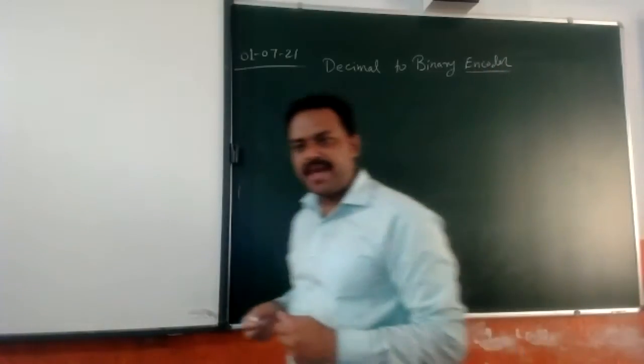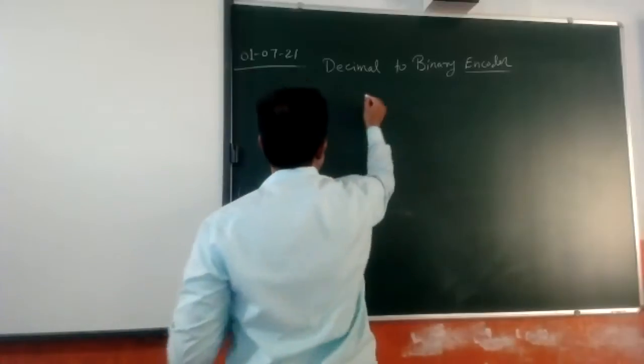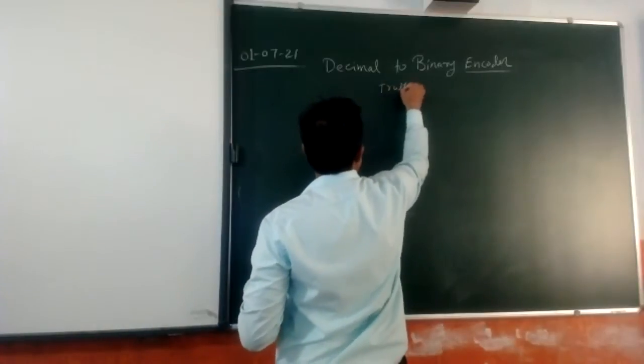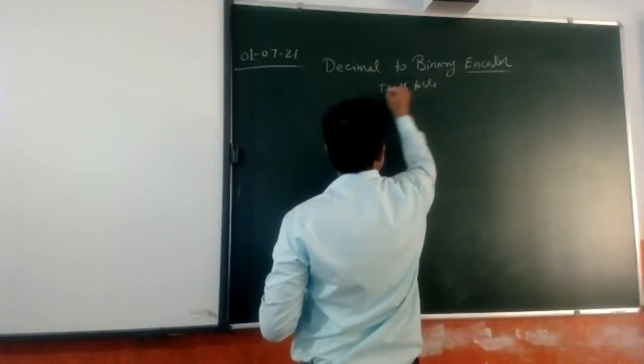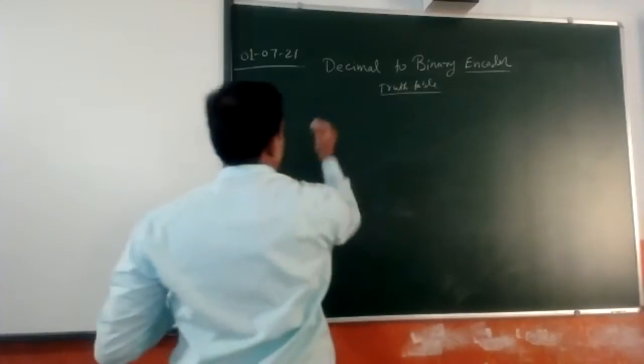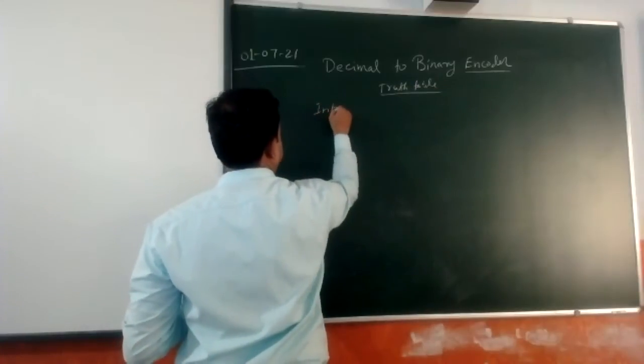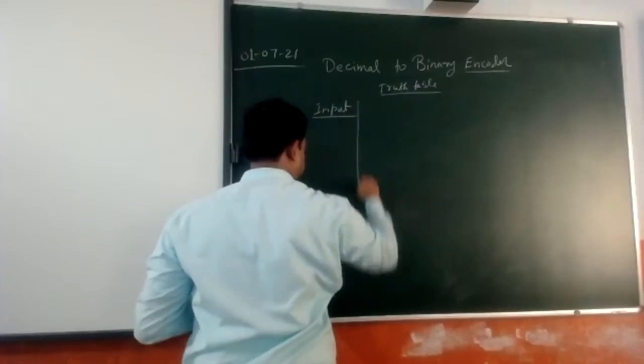Let us first of all make a truth table. Here you write down input.